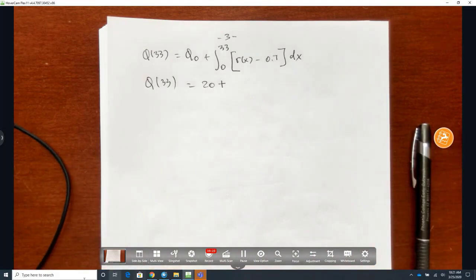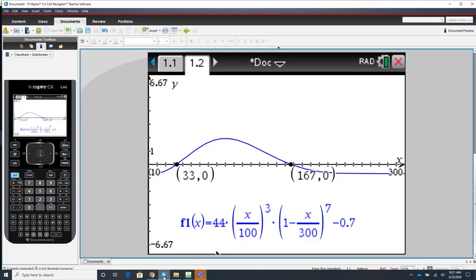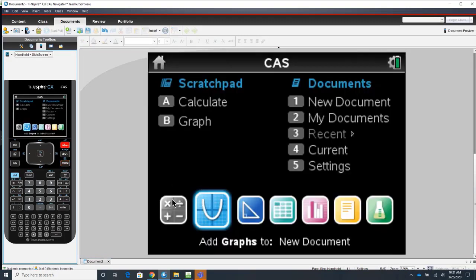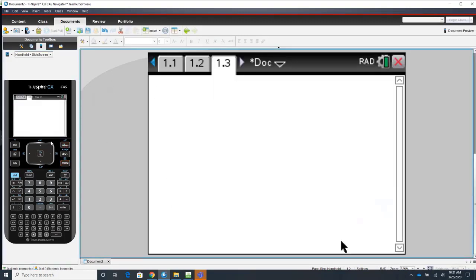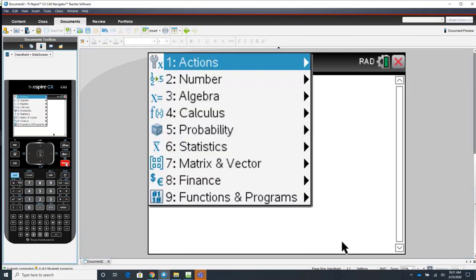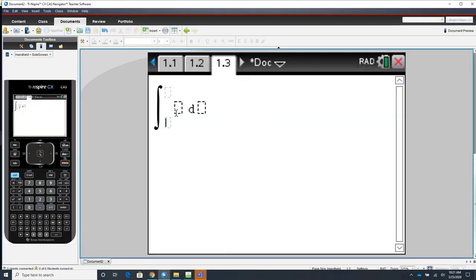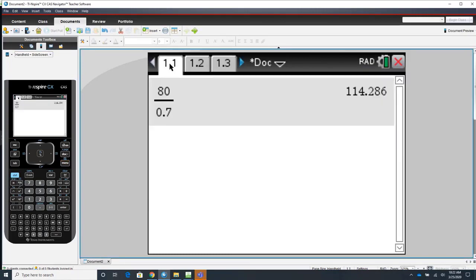So q of 33 equals 20 plus this integral. I'm going to use the graphing calculator to estimate the integral. I'm going to go to the calculator menu, and from the submenu I'm choosing calculus and integral. If I want to find that integral, let me see, did I define the function? No, I didn't define the function.